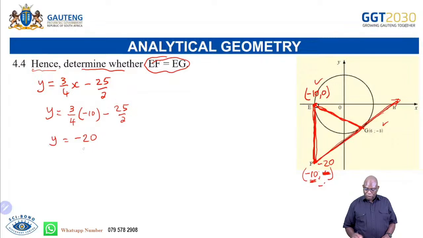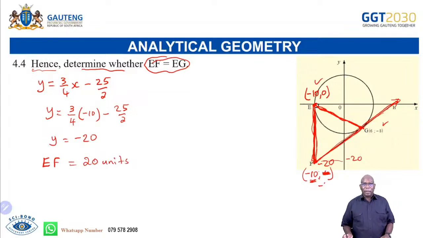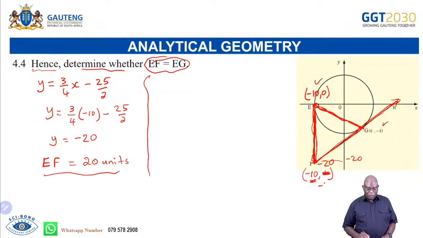The length of that line here is negative 20. There is 20. A length can never be negative 20. So the length of EF will be 20 units, positive. Remember, that is the length. We are not talking about the coordinates. It's the length. Now, if I've got the length of that, I now need the length of EG.